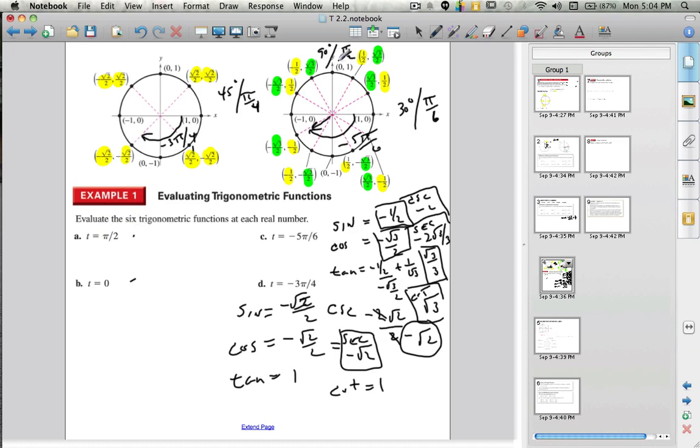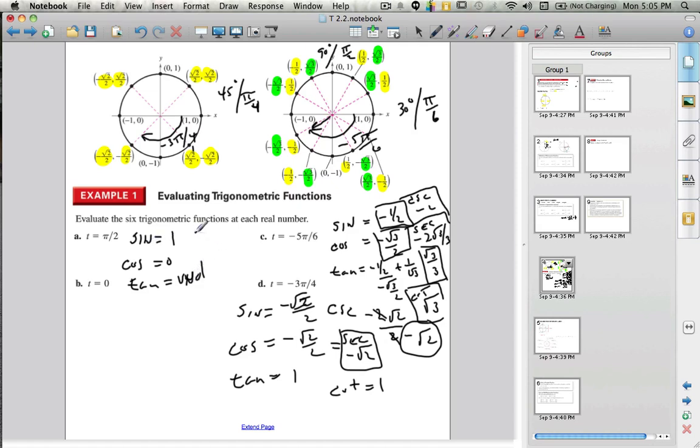Now when you look at pi over 2, that's this point up here, and this is a little more unique. So if you talk about sine, it is equal to 1, cosine is equal to 0, and tangent is equal to y divided by x, but I can't divide by 0. It's undefined.